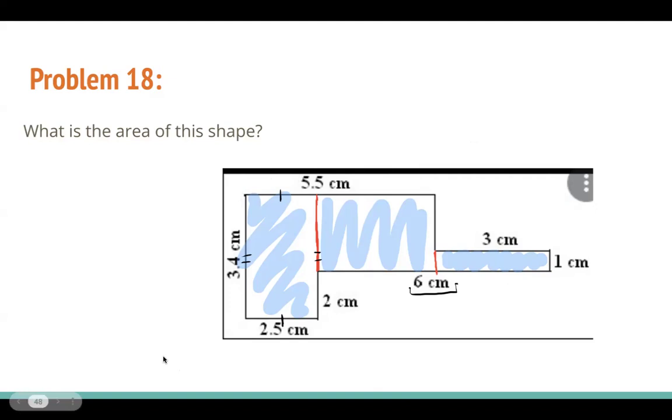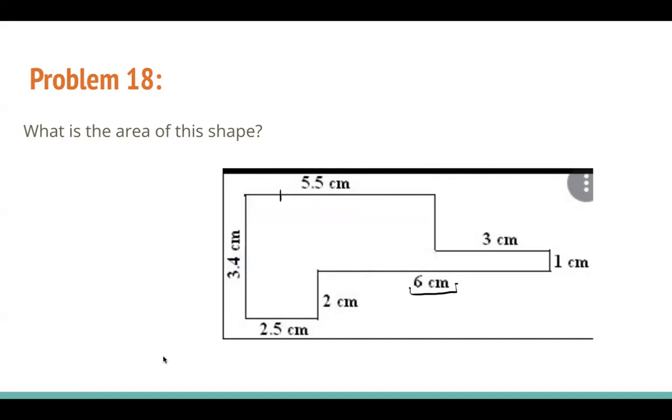Okay, so basically remember when we were dealing with simple shapes, we'd have a rectangle like this. This would be our rectangle, and we'd say this has X length and this has Y length or something like that. To calculate the area of this, it was relatively simple. We would just use the formula: length times width.